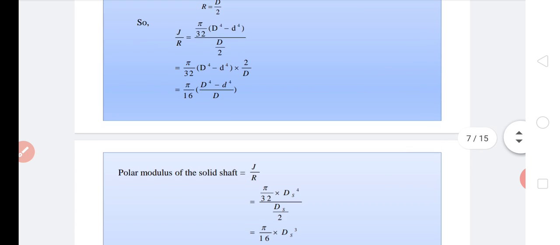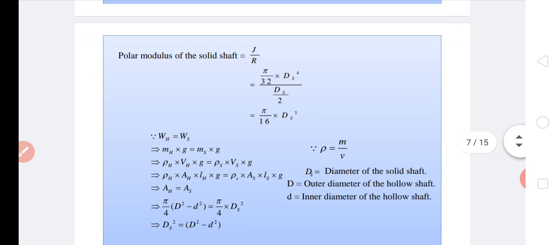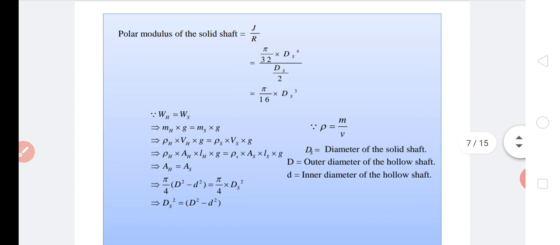So the polar modulus of the solid shaft, that is J upon R, for this solid shaft we get pi upon 16 ds cube.